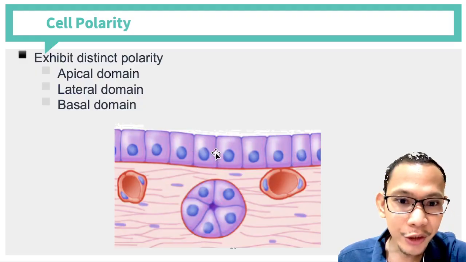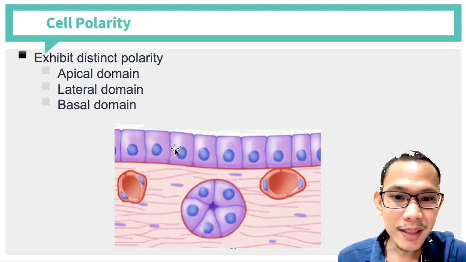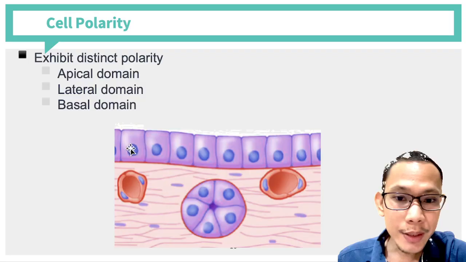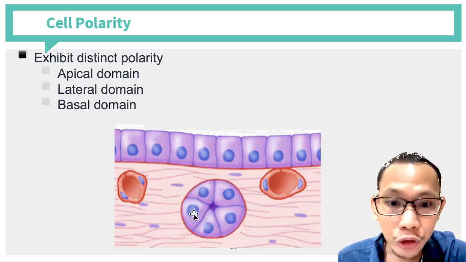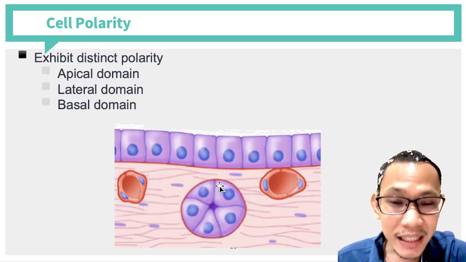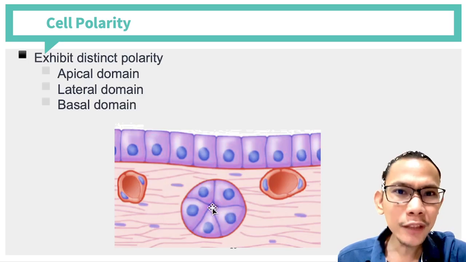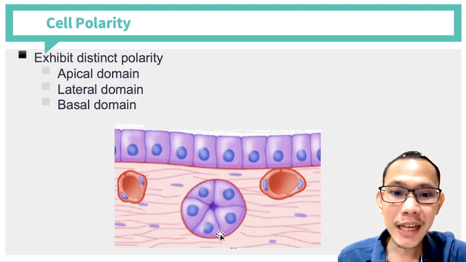So these are your epithelial cells, a group of epithelial cells. Therefore, this part here is your epithelium. This part here is your glandular epithelium. These are glands, and these will secrete. One important function of your epithelium is secretion, and that's the basic function of your glandular epithelium.